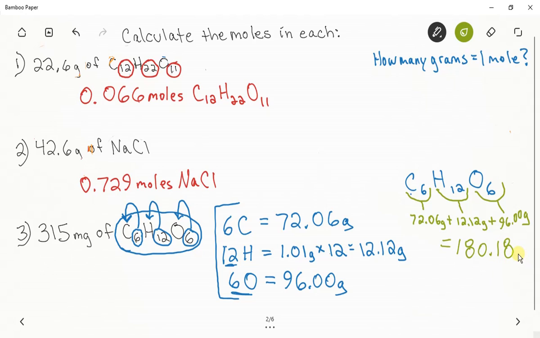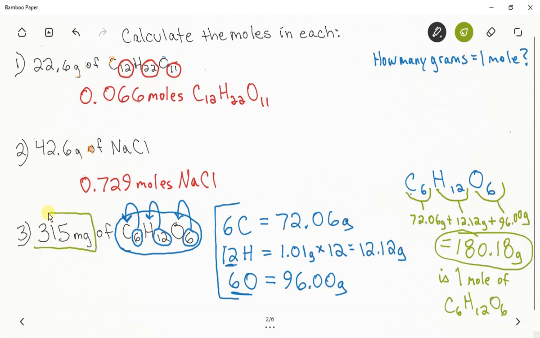So 180.18 grams is 1 mole of C6H12O6. But do we have 180.18 grams of C6H12O6?